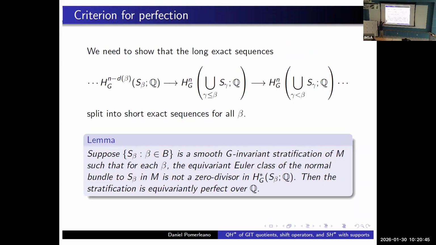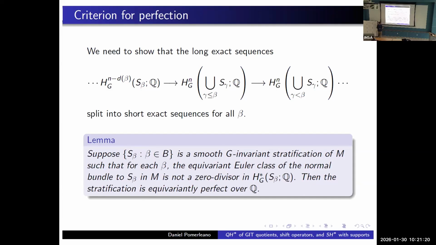You use the Thom isomorphism to identify the cohomology of the pair with some shifted version of the cohomology of the stratum, and you want to prove that each of those splits into short exact sequences. So these maps are always injective. If you think about it, going like this and then restricting back to the stratum beta is multiplication by the Euler class.